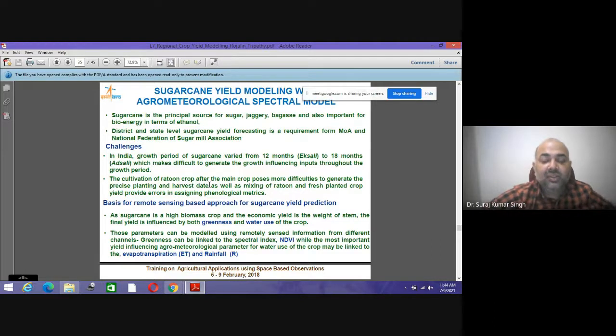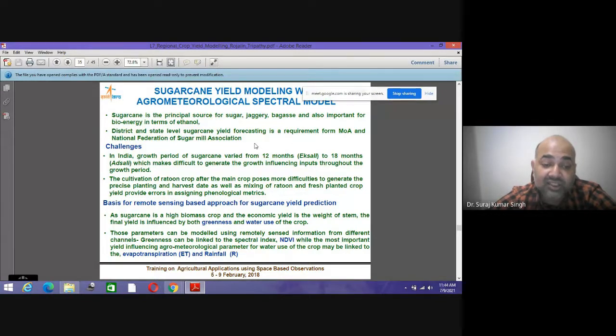And not only wheat production, we can also go for sugarcane production. Sugarcane is finally used for sugar, jaggery, bagasse, and is an important energy source for ethanol. District and state level sugarcane yield forecasting is required by the Ministry of Agriculture and the National Federation of Sugar Mills Association.